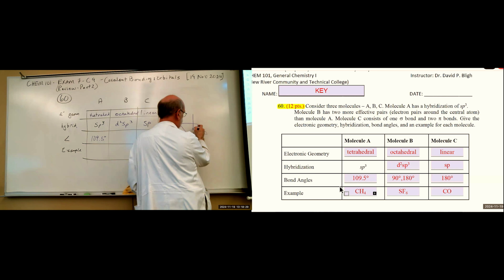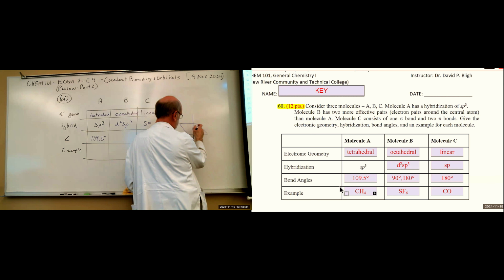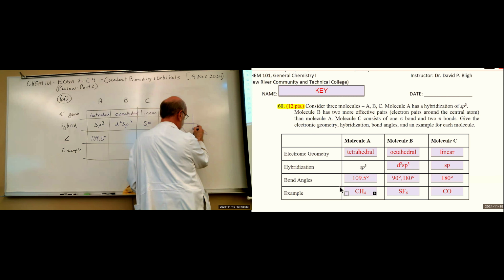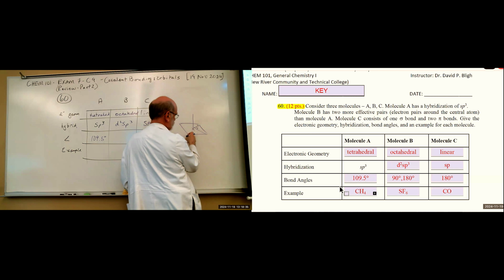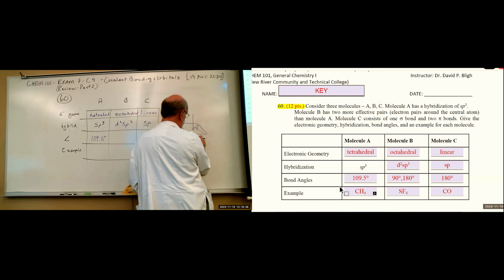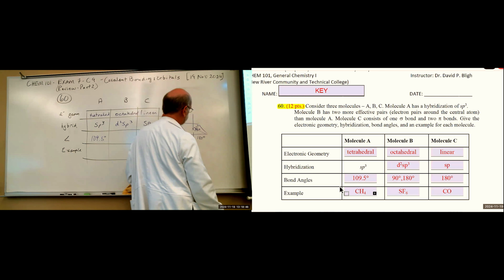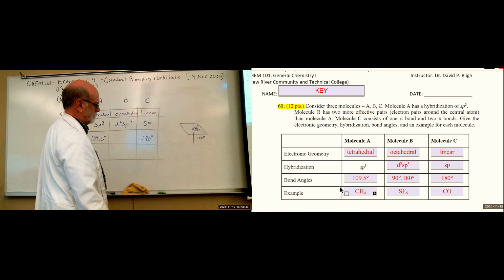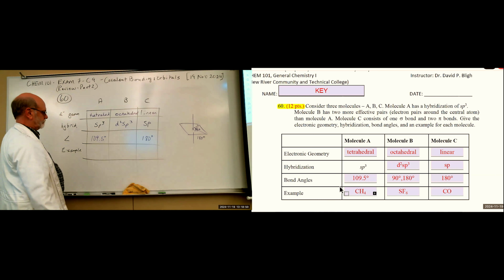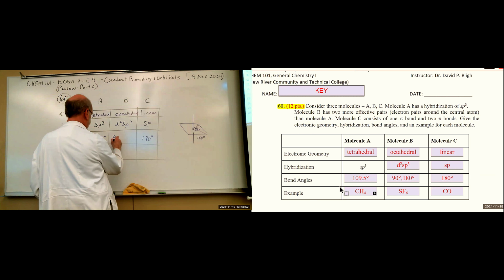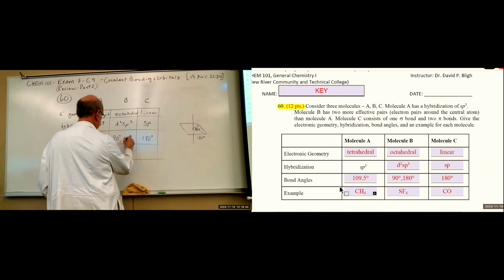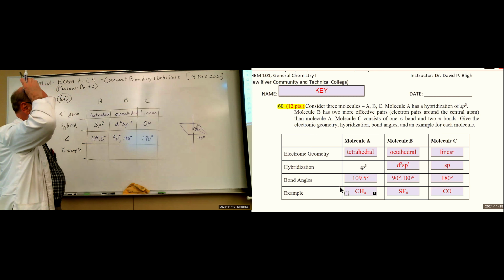So you can have 90 degrees between this one and this one, and then the others are 90. You can also have this one versus that one is 180. So the possibilities are 90 and 180. Those are the possibilities.